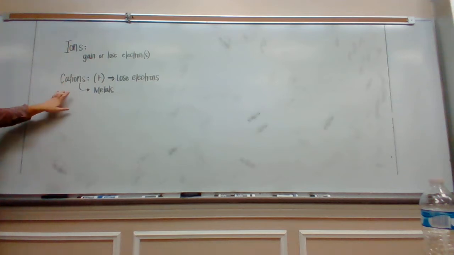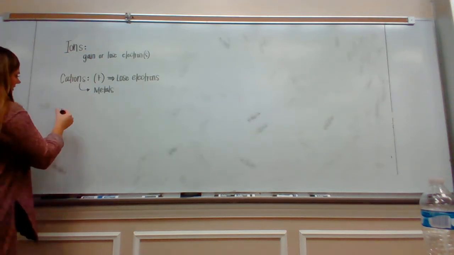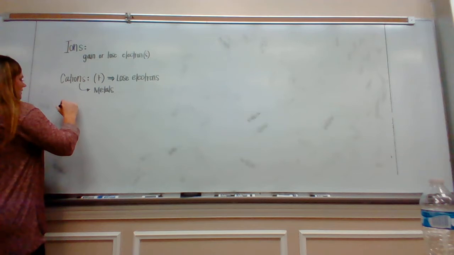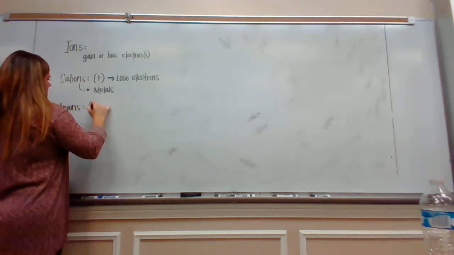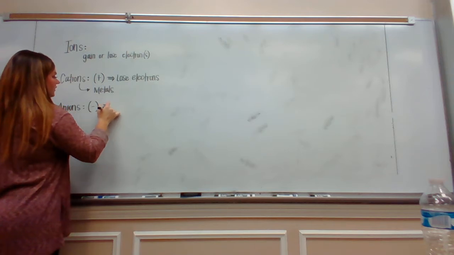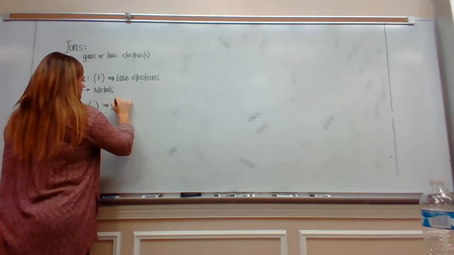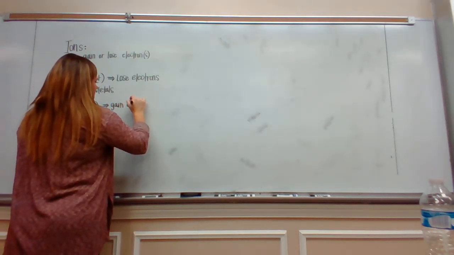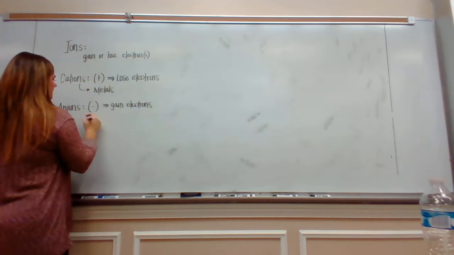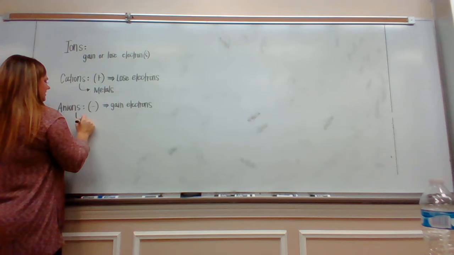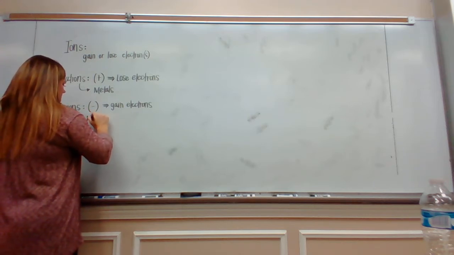So, cations, positive charge, they do that by losing electrons and they're always metals. Okay? Anions, on the other hand, are negatively charged. Therefore, they're gaining electrons. These are always going to be nonmetals.